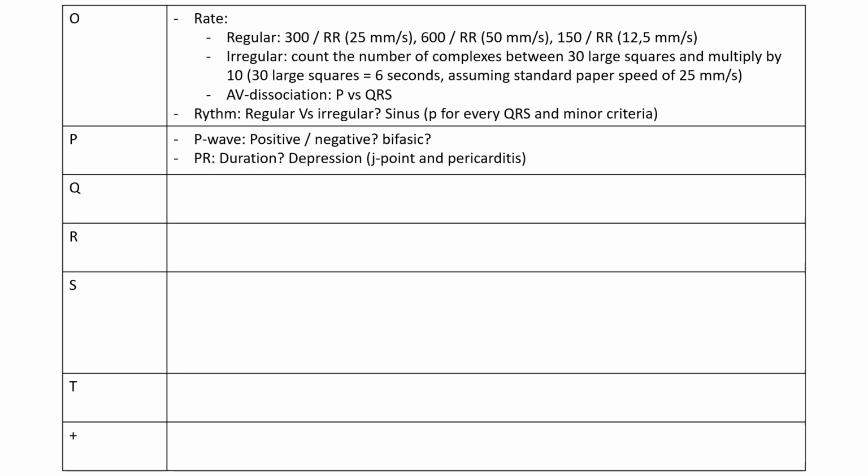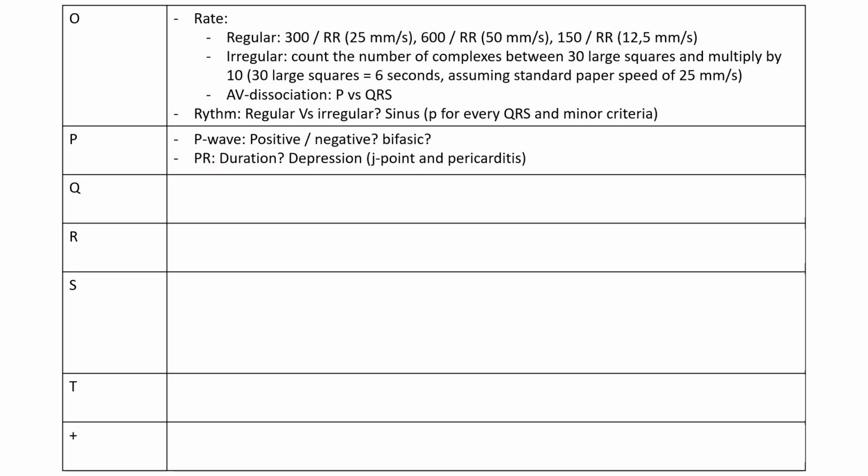And the PR. So we look at the duration, and we may notice the depression as well, because the depression is important if we think of ST elevation, ST depression, because the ST, as we'll mention, is defined from the J point to the baseline. And the baseline should be measured from the PR interval. Oh, sorry, the PR.